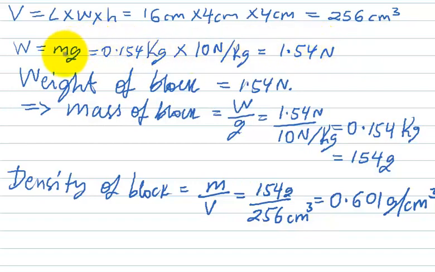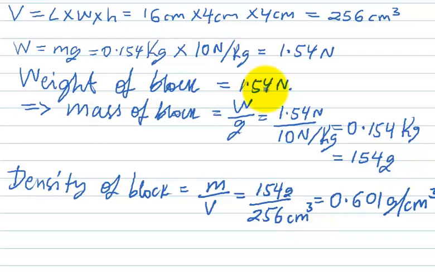So we convert the mass of the liquid displaced into newtons using W is equal to mg, which is 0.154 kilograms times 10 Newton per kilogram. We get 1.54 newtons. This is the weight of the liquid displaced. And from the law of flotation, the weight of the block is 1.54 newtons.